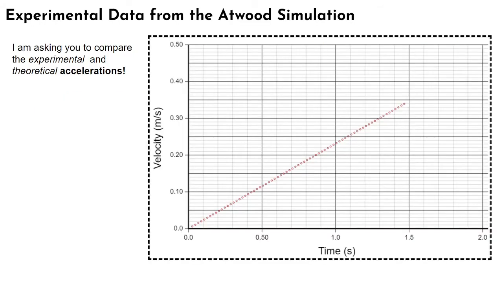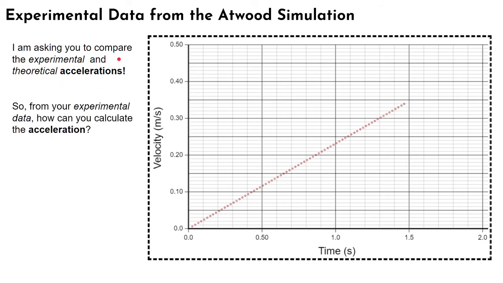So, in the Atwood simulation, this experimental data corresponds to the values that spit out when you ran the simulation. Specifically, I'm asking you to compare the acceleration values. So, from your experimental data, how do you calculate acceleration?